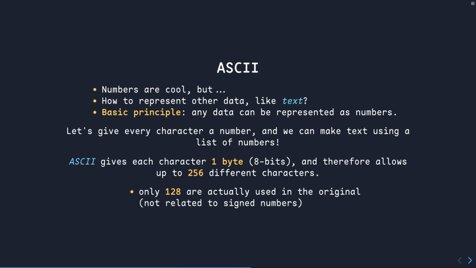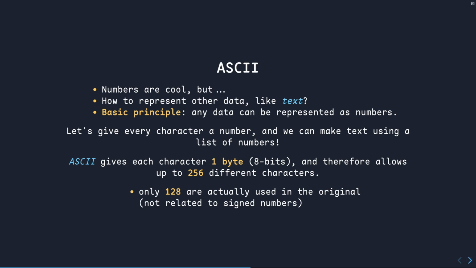Okay, so we've just looked at numbers, but how would we go about representing other data? How would we represent something like, for example, text? We can apply a basic principle in computer science, and that is that any data, it doesn't matter what it is, if you're creative enough, you can represent with numbers in some way or another.